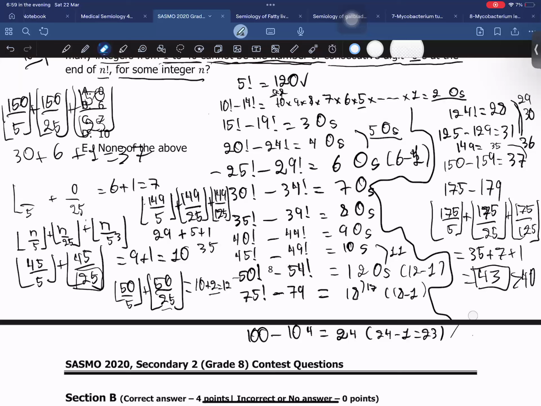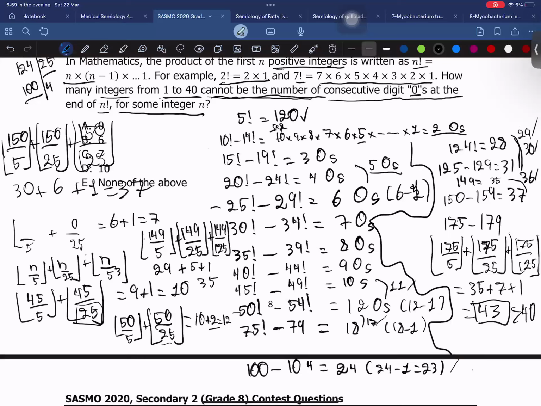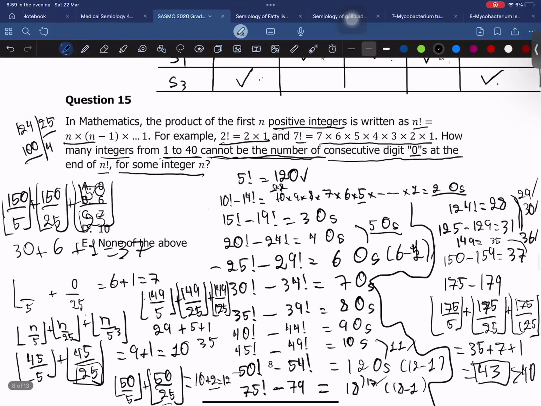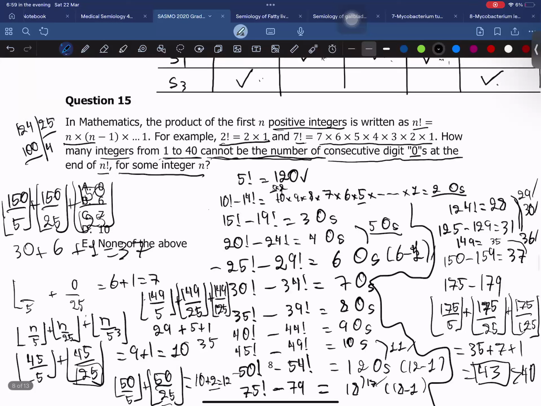So the answer is going to be 36, 30, 29, 17, 11, and 5. Okay, I'm going to write another one for you with the refined version. Just understand it.